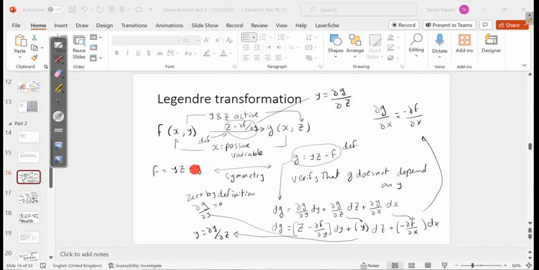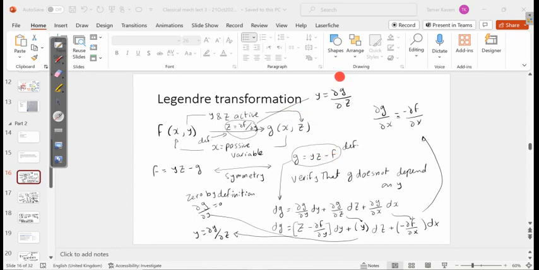Now I have explained the way from the left to the right. Given f, I will get partial f by partial y, which is z, and then I can define g to be equal to yz, or y multiplied by partial f by partial y, minus f. This will be g. g will be a function of x and z.